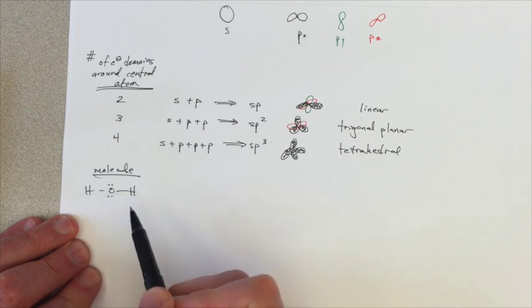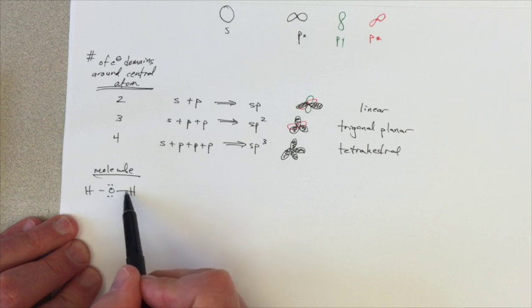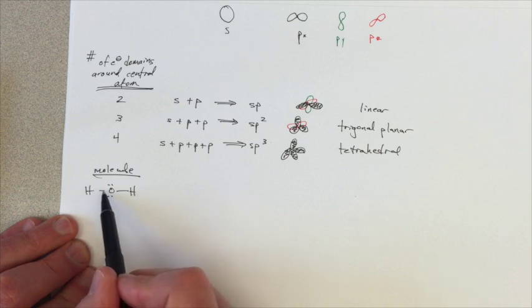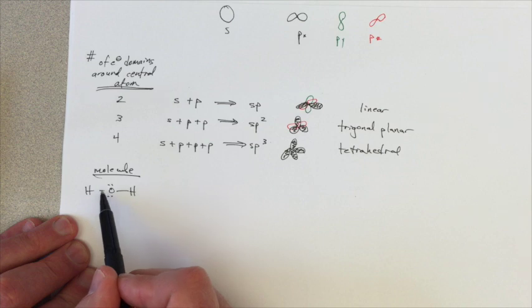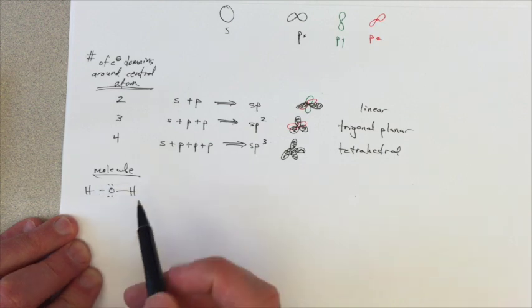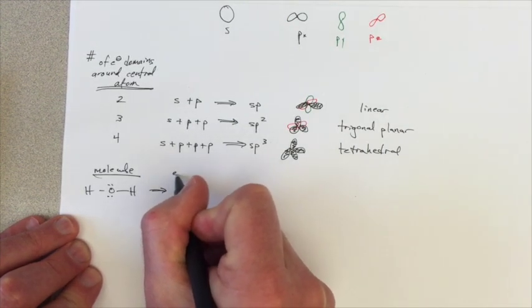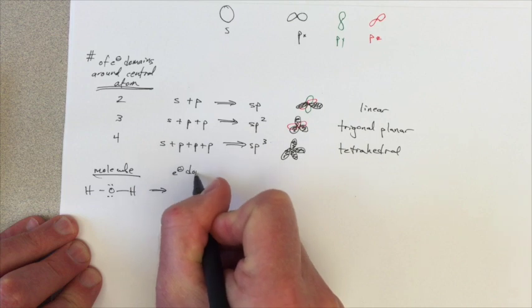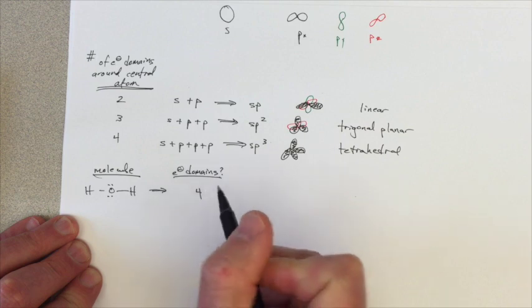How many separate electron domains are there? Well, there's this bond, has 2 electrons in it. This one over here, which is distinct, a lone pair here and a lone pair there. That's 4 places where we have electrons, 4 electron domains. And so how many electron domains? 4.